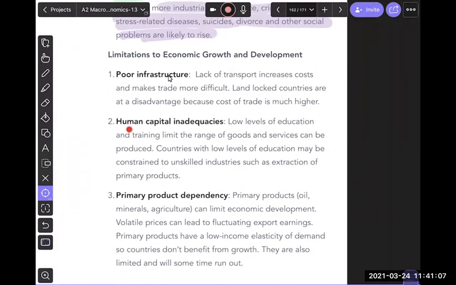Similarly, a lack of human capital or an uneducated labor force can become a problem as well. Similarly, a country that relies more on primary products is less likely to see economic growth. At the same time, countries that are looking at, just 1 minute, guys.